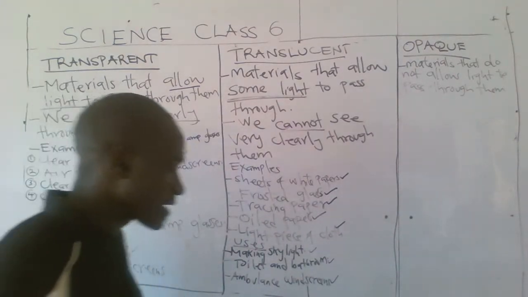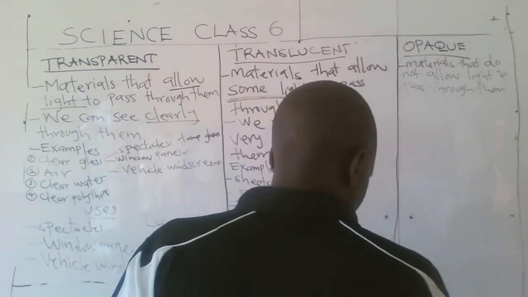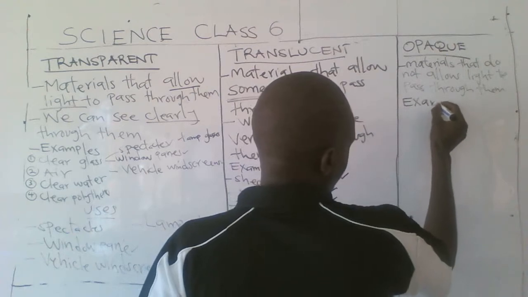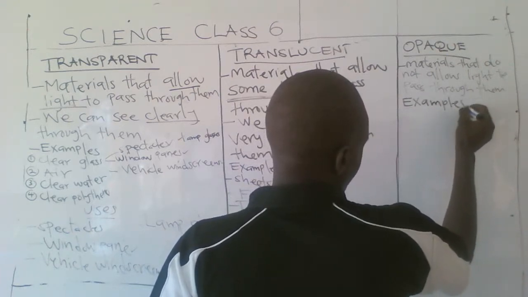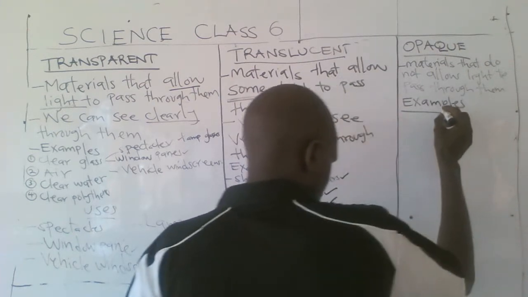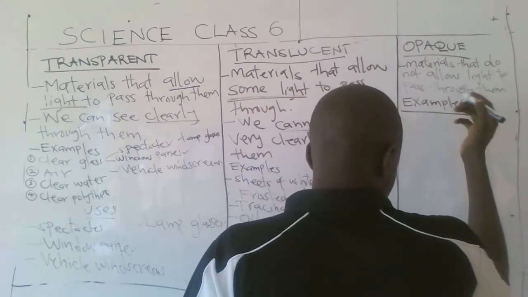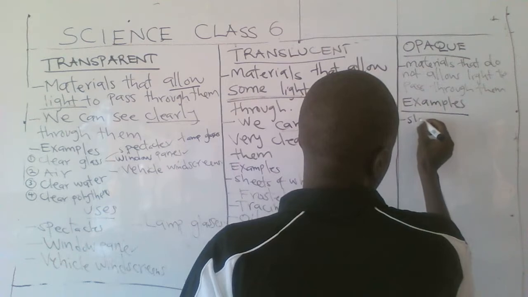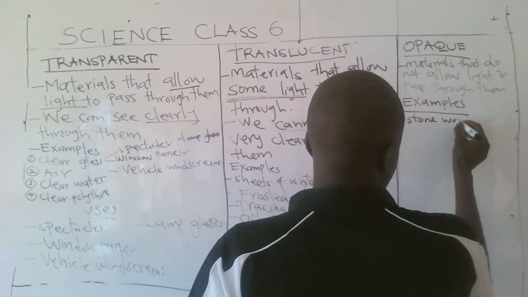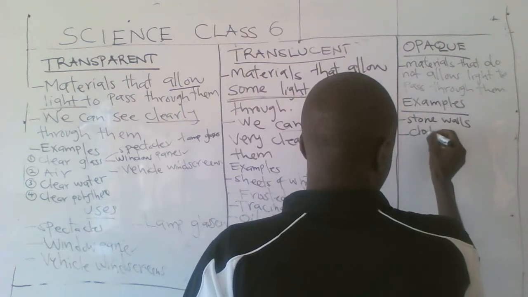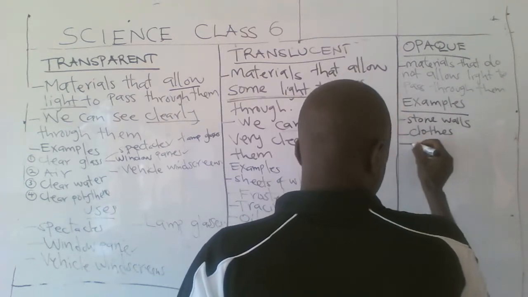Let's name examples of opaque materials which we have within our environment. We have said there are many, so let's just mention a few, like stone walls. We have clothes. Remember reasons why we wear clothes?